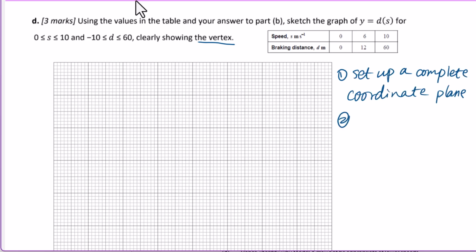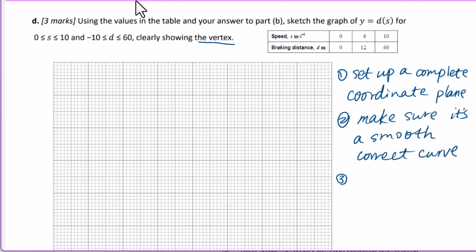Second, make sure it is a smooth, correct curve. Third, show the key features asked in this question. Here we need to show the vertex, and also use the values in the table, so we have to use these 3 points.